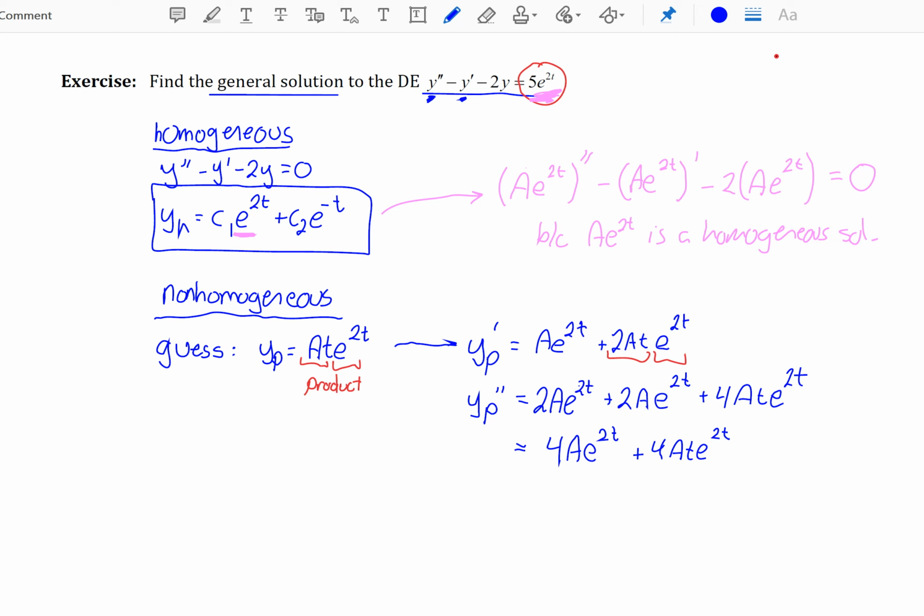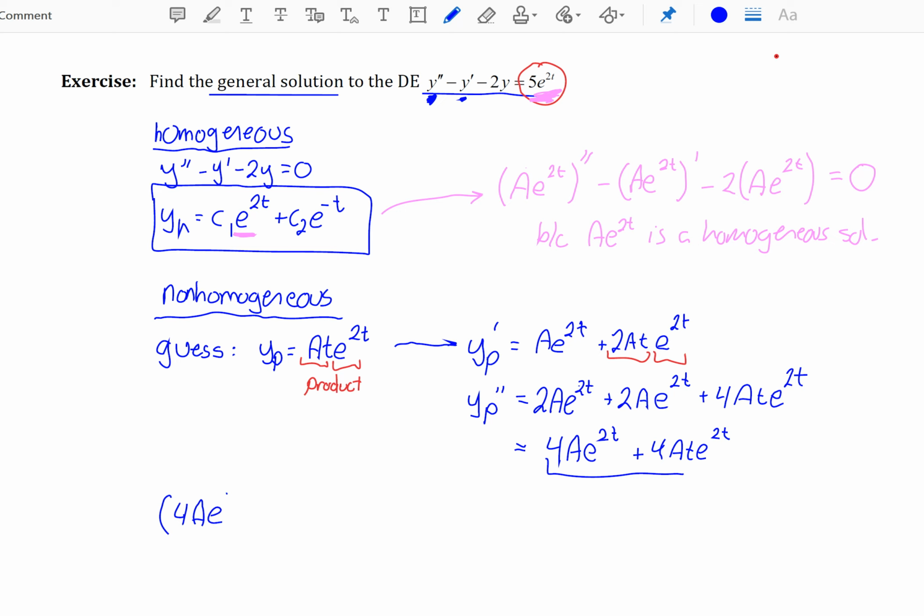So now if we evaluate these in our DE, we're supposed to have our second derivative, which we have here. I'm going to put these in grouping symbols just to make sure we can identify which part is which.